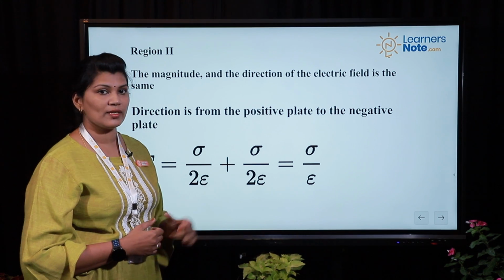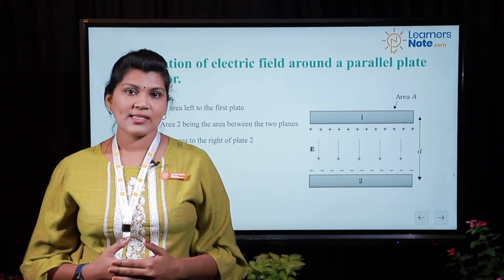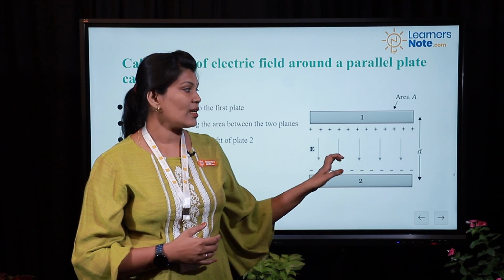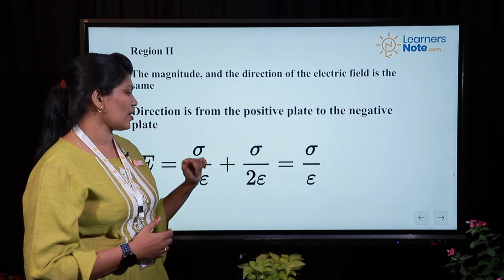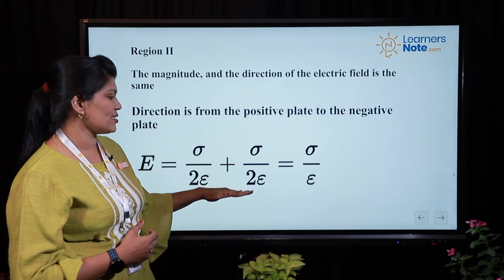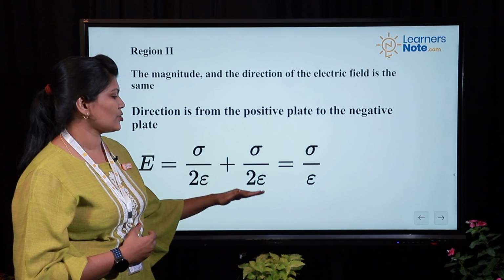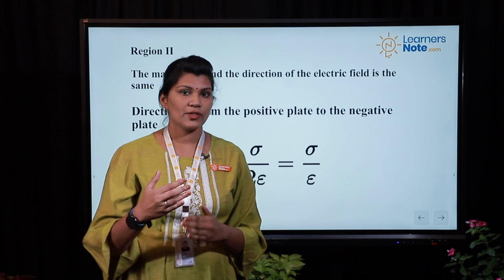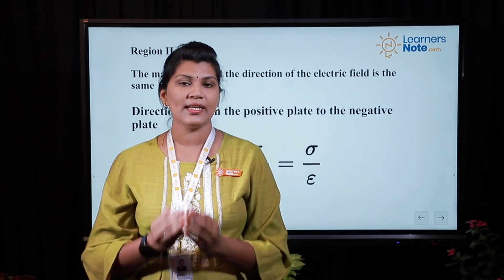We have to add these two values, that is sigma divided by 2 epsilon 0. Here we are considering these parallel plates as infinitely long plane plates, and for infinitely long parallel plates the electric field strength is sigma divided by 2 epsilon 0. So the total electric field is sigma by 2 epsilon 0 plus sigma by 2 epsilon 0, which is equal to sigma by epsilon 0. So E is equal to sigma divided by epsilon 0.